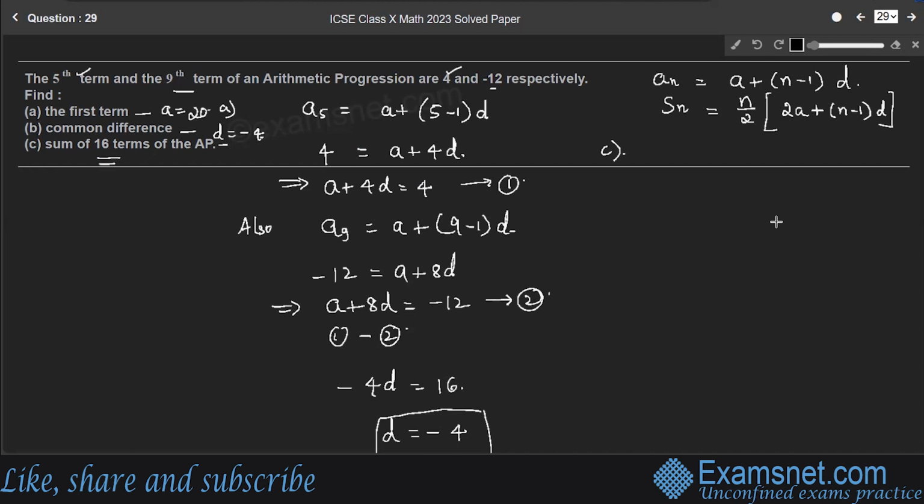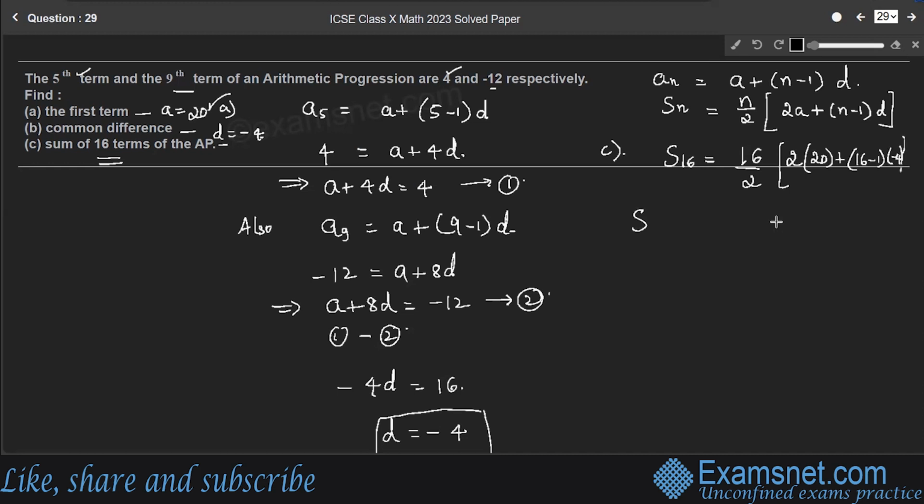Here the sum of 16 terms is asked, right? So S16 is equal to, here n is 16, 16 by 2 into 2 into a, where a is 20. So the first term is 20. 2 into 20 plus n, 16 minus 1, into the common difference, minus 4.